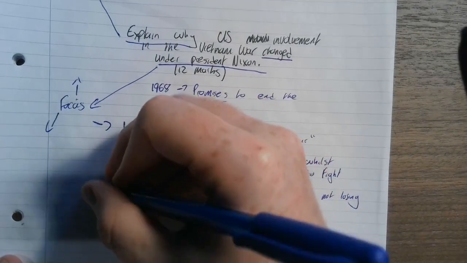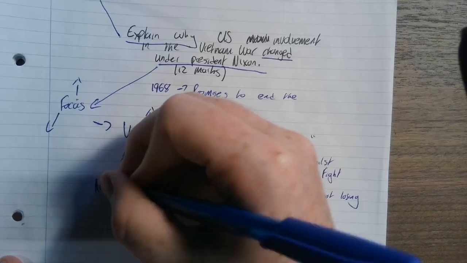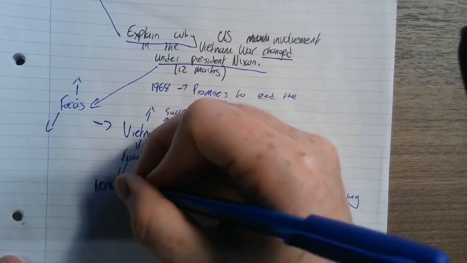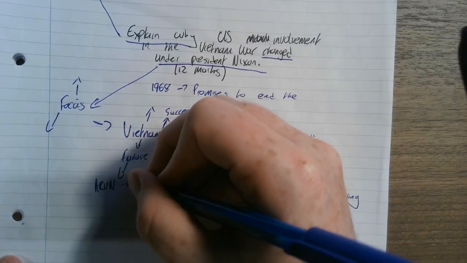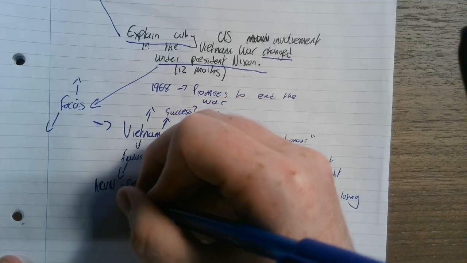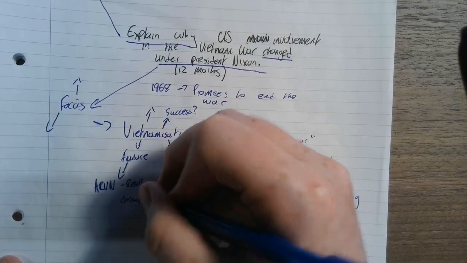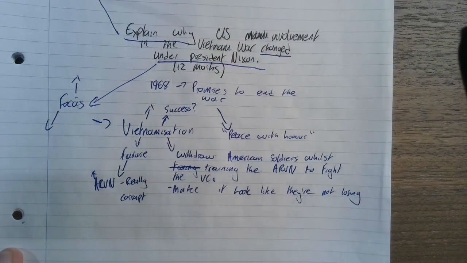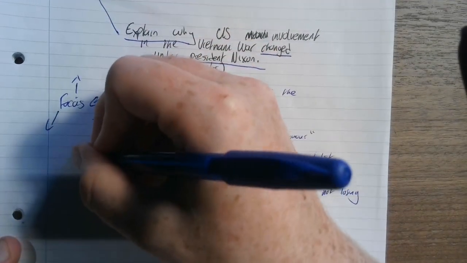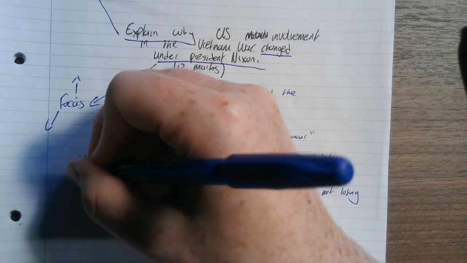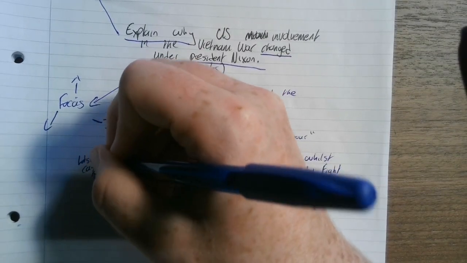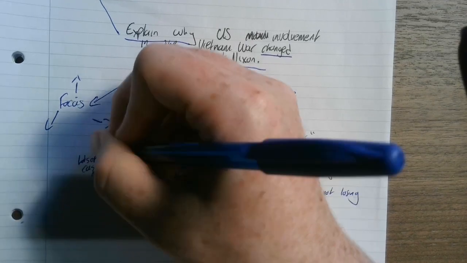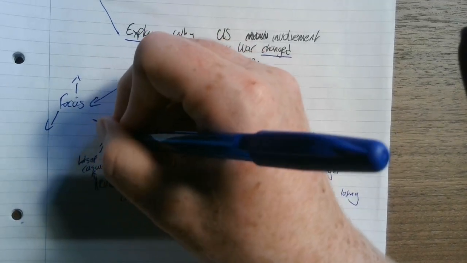Firstly, the ARVN were really corrupt. They would willingly take bribes from anyone in the VC or the Army of North Vietnam. On top of that, they had lots of casualties, and that led to low morale.